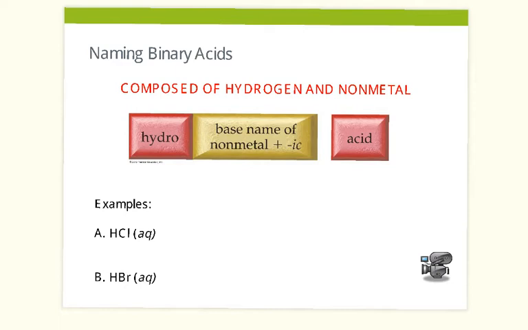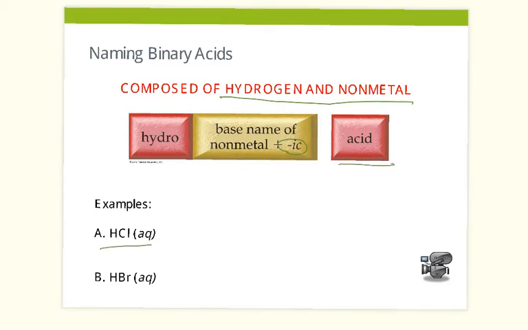So let us learn how to name binary acids. It's a hydrogen and a nonmetal. The first thing that we want to do is say hydro, then the base name of our nonmetal, followed by the ic, and then a space, and we write the word acid.